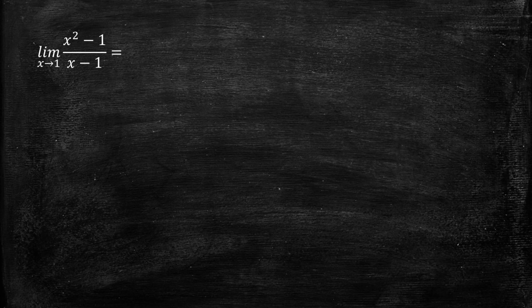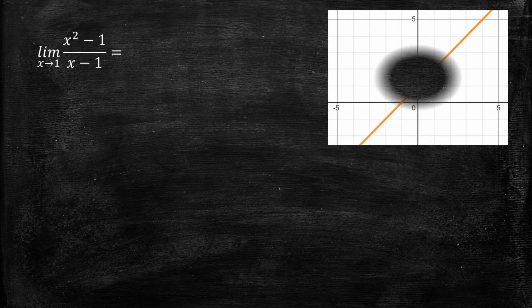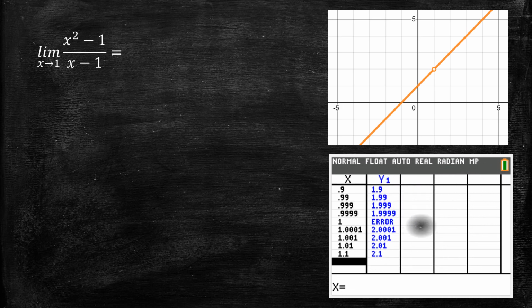The limit we were just looking at, which resulted in indeterminate form, should look familiar from previous videos. If you recall, it was the straight line with a hole in it. And here's the corresponding table that we were using. To solve a problem like this, what we have to do is just a little bit of algebraic manipulation.